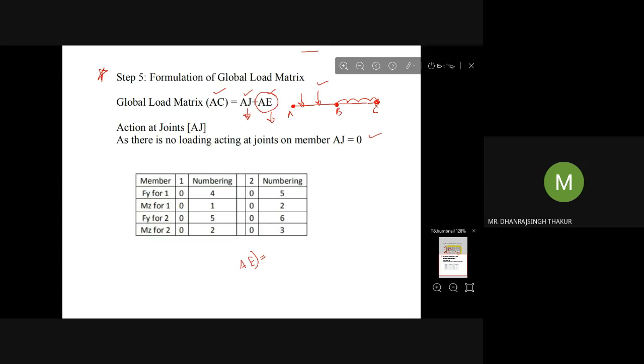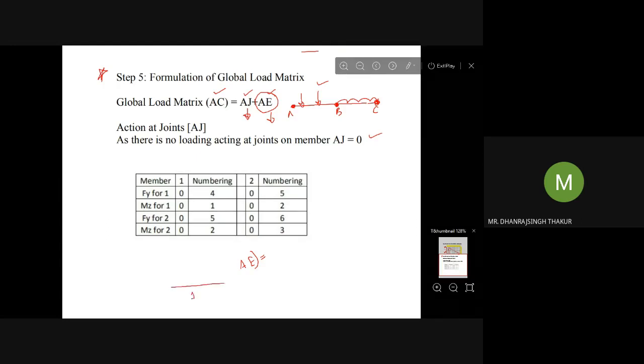So the same A matrix, how to assemble it? In the last class I already told you how to assemble this A matrix. Okay, so as there is a member loading, we have to shift that member loading to the joint load. As you can see, whatever I am drawing here, you just draw it.